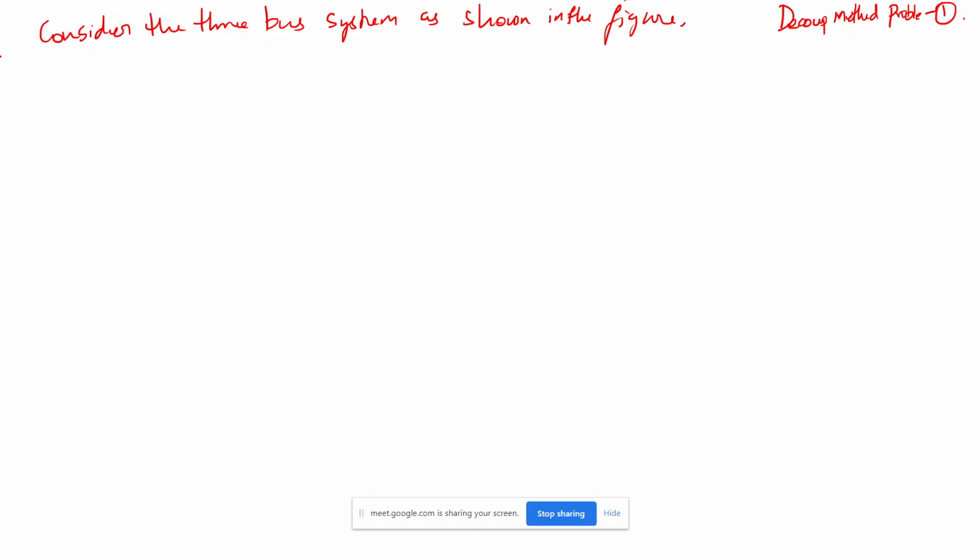By using decoupling method, obtain the load flow solution, or I'll write, obtain the load flow solution.